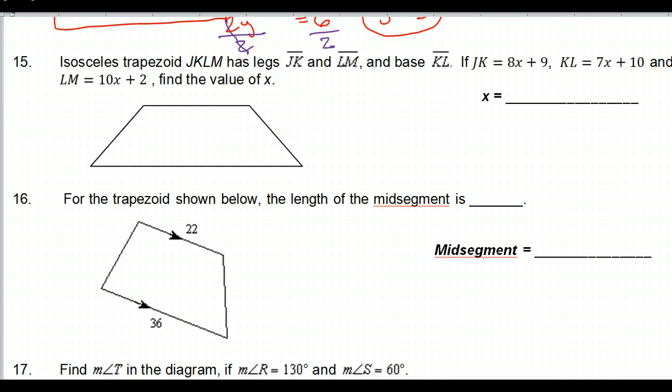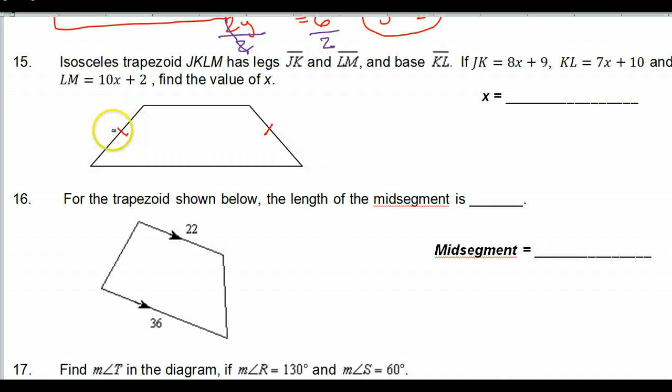Just like we talked about previously, if this is isosceles, that means the legs will be congruent. So, isosceles trapezoid JKLM has legs JK and LM. So look, I control where these letters go. But I know that JK is supposed to be a leg. Do you understand what I'm saying?